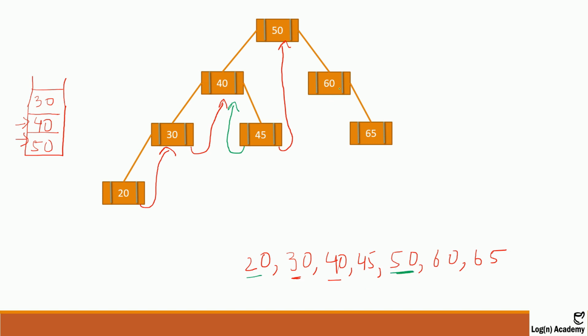So this 60 can point to 50. And 65 is the last value, so it's not going to point to its successor, but it can point to its predecessor, which is 60. So 65's left reference can point to 60.